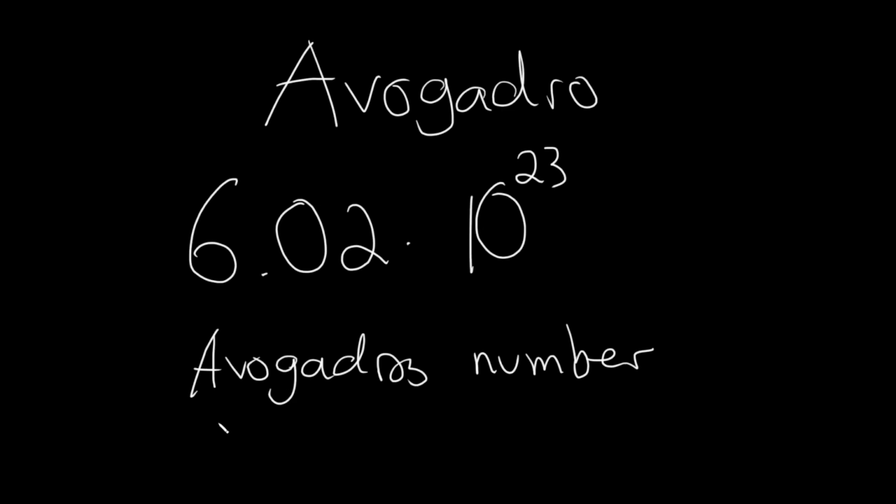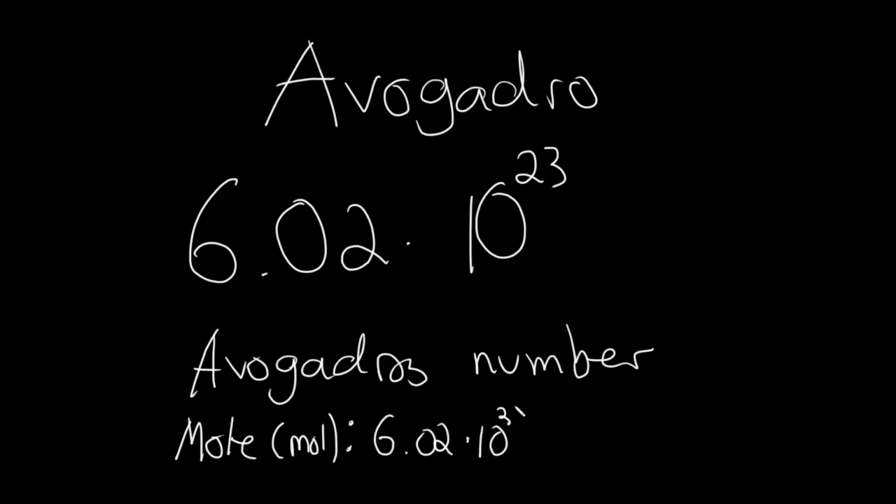More importantly is that Avogadro's number relates to a unit, and this unit is the mole, which is denoted MOL. So the mole becomes 6.02 times 10 to the 23 number of particles, which is the same as Avogadro's number of particles.